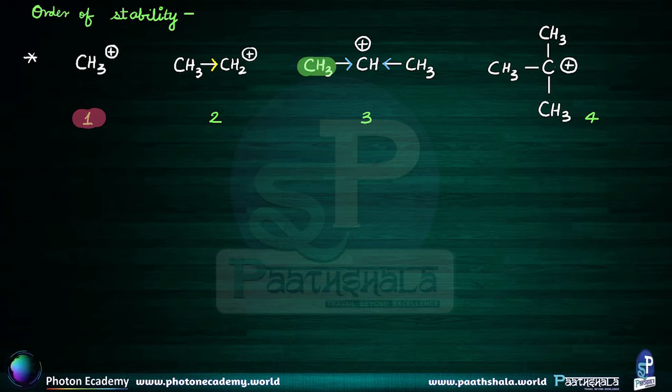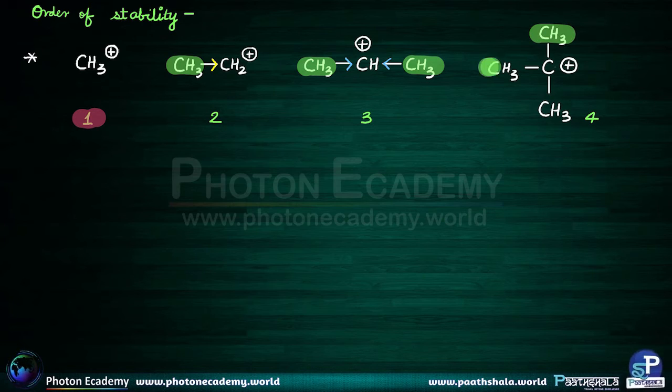And in the fourth one I can see that there are three CH3 groups attached to the center, positively charged carbon. And what happens is, now I get electron donation from three sides.